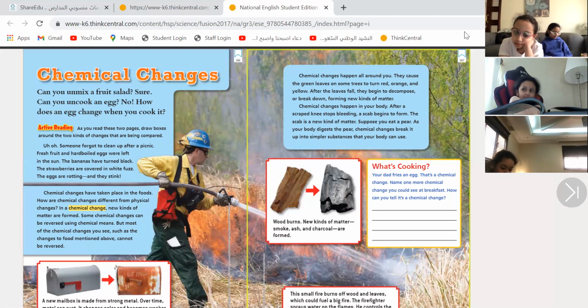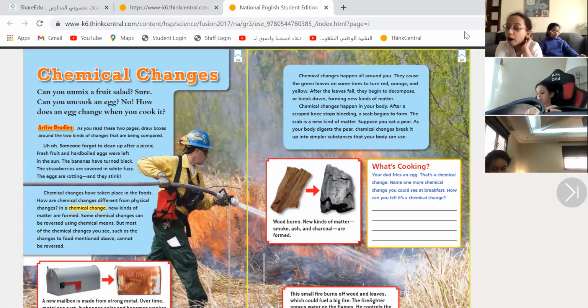Your stomach releases HCl, hydrochloric acid. It is released inside your stomach and it will change this food completely. It's a very good change, so your body can absorb and benefit from this food. This is how chemical changes happen inside your body.